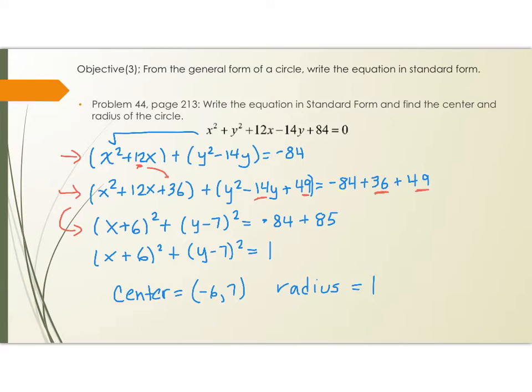Now we add 85 to negative 84 and we get 1, and our final equation is parentheses x plus 6 squared plus y minus 7 squared is equal to 1, and our center, of course, we can now find is negative 6 and 7, and our radius is 1.